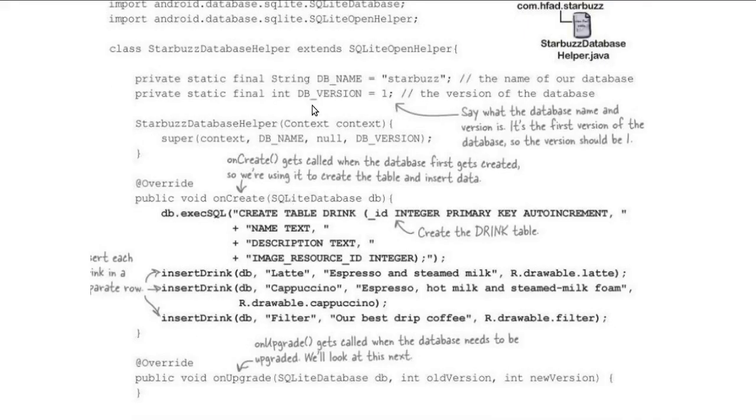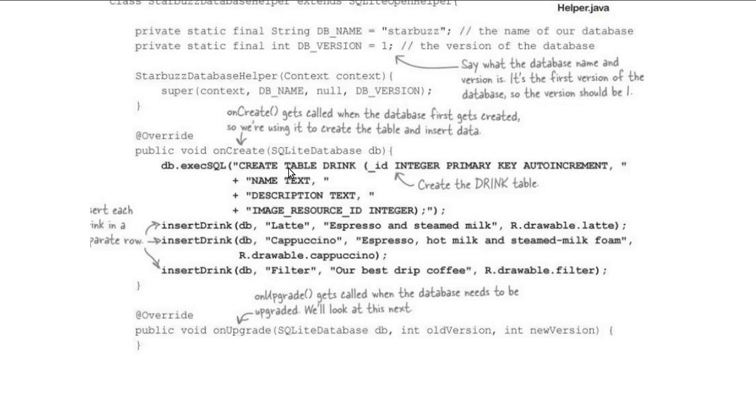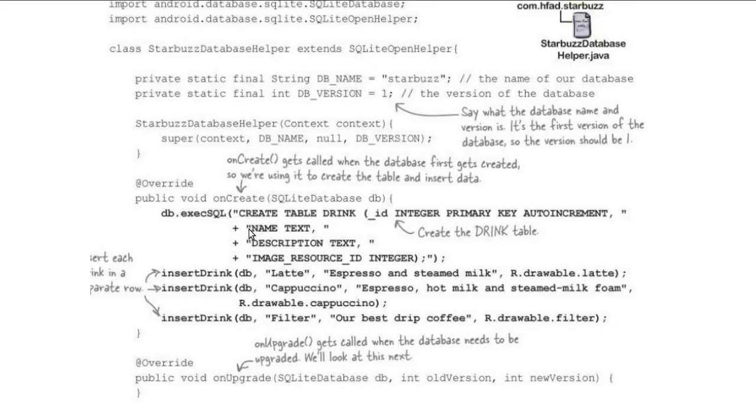That is the code for creating the database. Then we have the code for creation of a table. Here we have insertDrink. So now we use the method insertDrink and we pass all these values, the SQLite database object with all these entries.